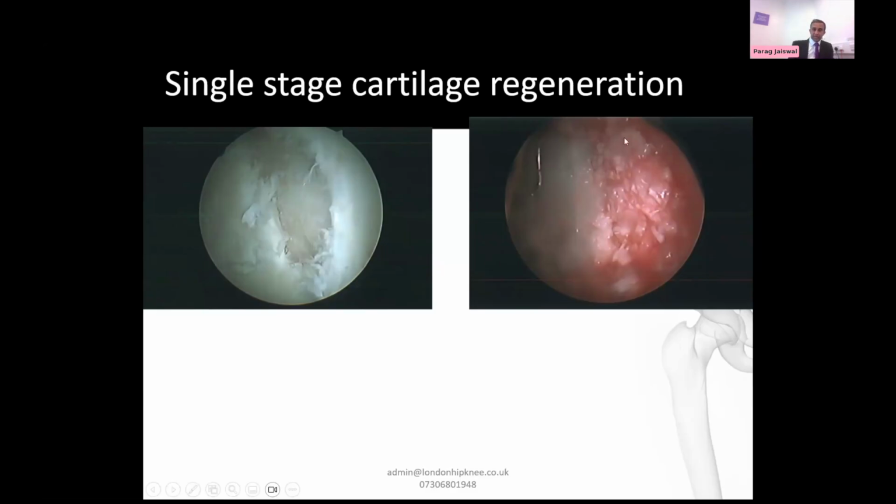And then this is the cartilage regeneration that I talked about. We take cartilage from a non-weight bearing area, and this is called minced or particulate cartilage, which we mix with the patient's PRP, which stands for platelet-rich plasma, and seal it with a fibrin glue. I'm very happy to say that about 8 months down the line, he's doing really well.